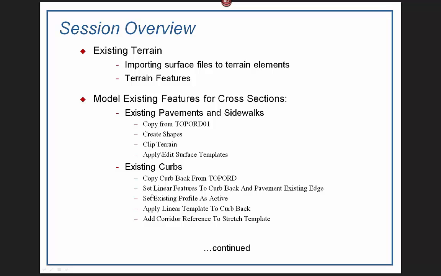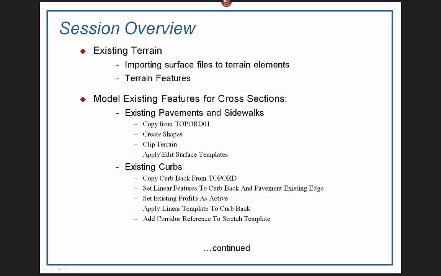Then you've got to set a linear feature, or make it a civil feature, to the curb back and to the pavement existing edge, so that we can create a profile of the back. And we're going to set the existing ground line of the back curb profile as the active line.